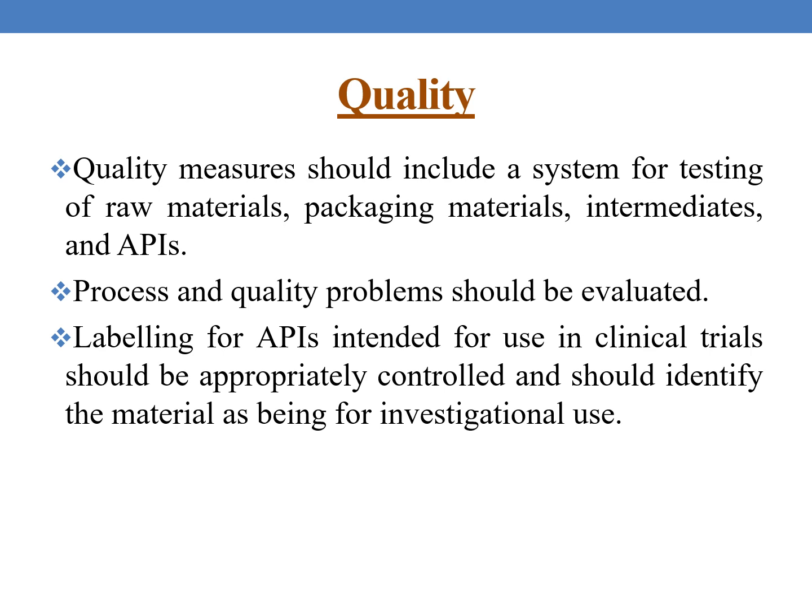The quality measures should include a system for testing of raw materials, packing materials, intermediates and APIs. Process and quality problems should be evaluated. Labeling for APIs intended for use in clinical trials should be appropriately controlled and should identify the material as being for investigational use.